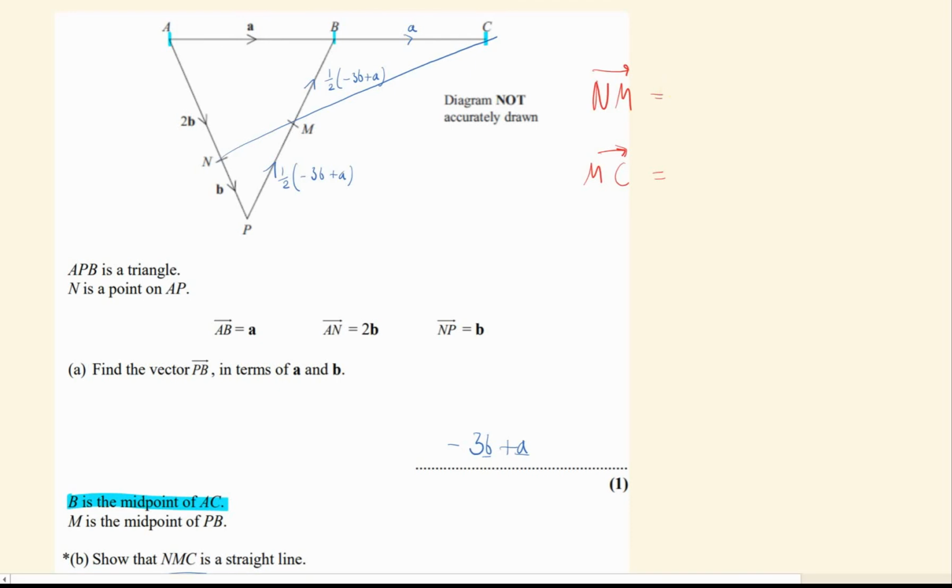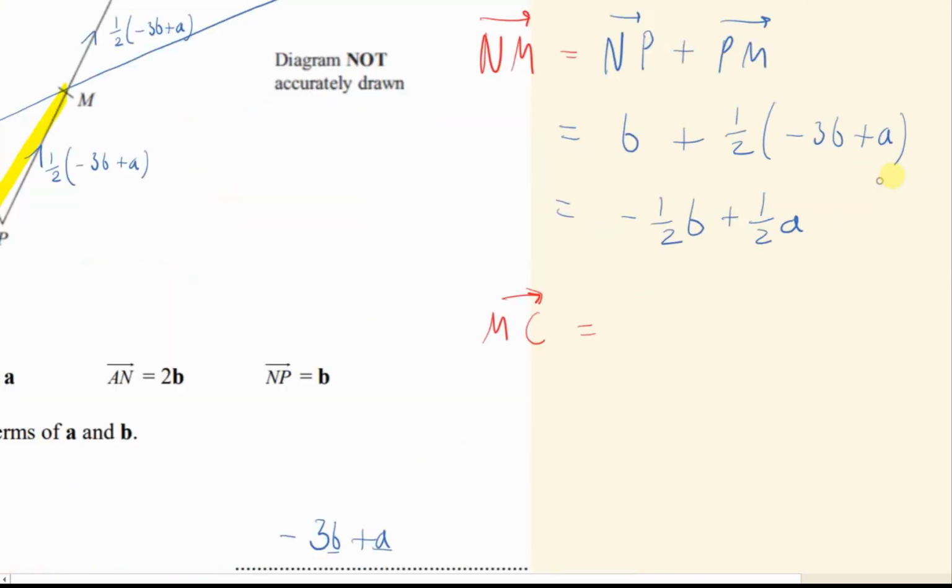So to go from N to M, I'm just going to take this path here. That's going from N to P, and then going from P to M. So N to P is B, P to M is a half of minus 3B plus A. That simplifies down to minus a half B plus a half A. And we can factorize this.